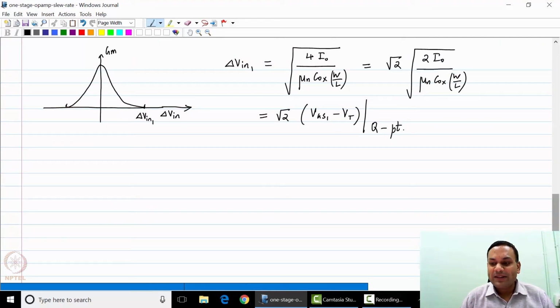Now we are interested in this for a very specific reason. We are now going to study what will happen if you start applying incremental steps to the input of the op-amp.